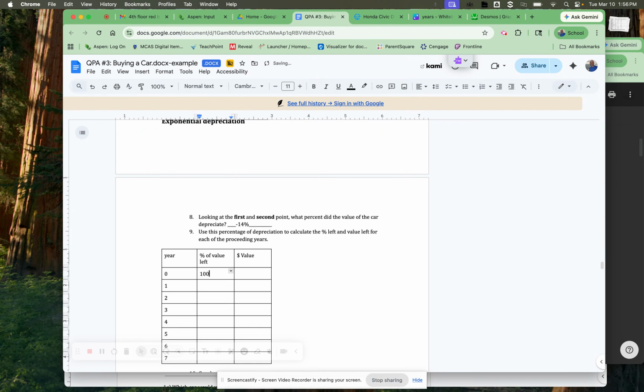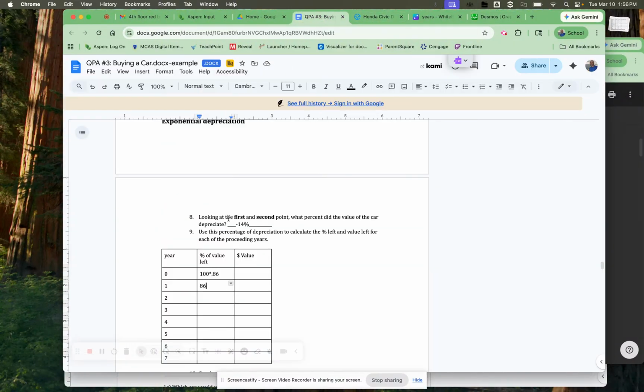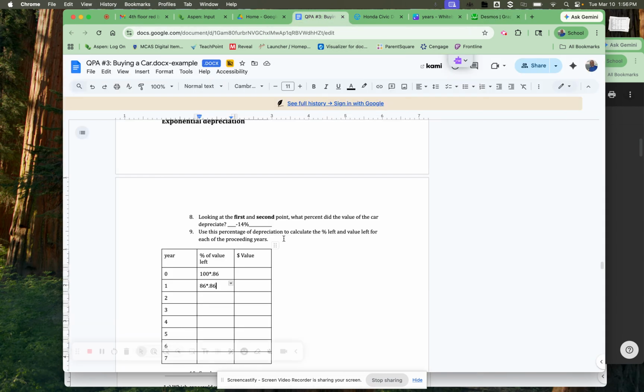I started at 100 and I'm going to multiply by 0.86 and I'm going to get 86. So 100 times 0.86 gives me 86. I'm going to do the same thing again. I'm going to take 86 and subtract 14%, or times 0.86. And I'm going to get 73.96.